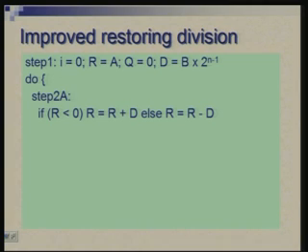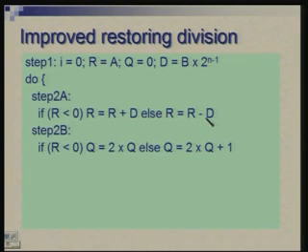So, if r is negative in the beginning of the iteration, we make it r plus d, okay, else we make it r minus d as usual, right. So, negative r implies that there is a pending restoration which we have postponed, and therefore, we start with an addition. Otherwise, in the normal case we start with a subtraction.